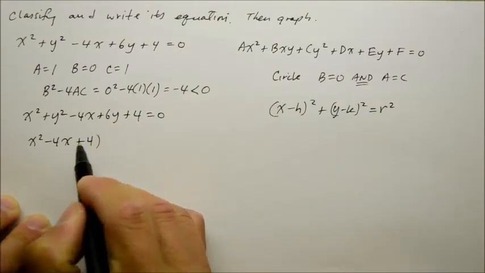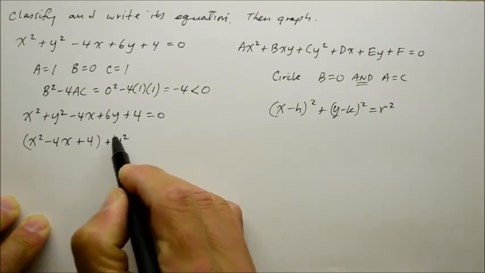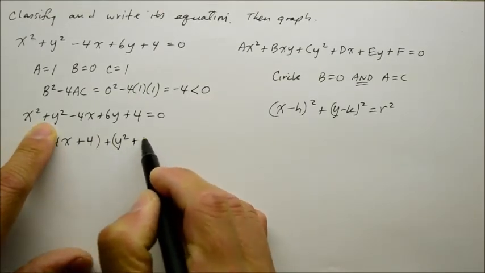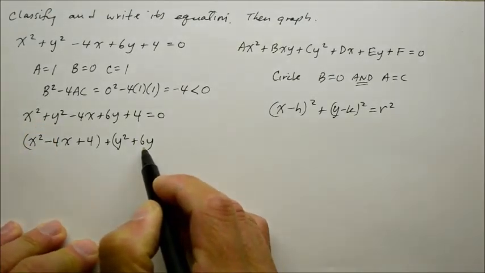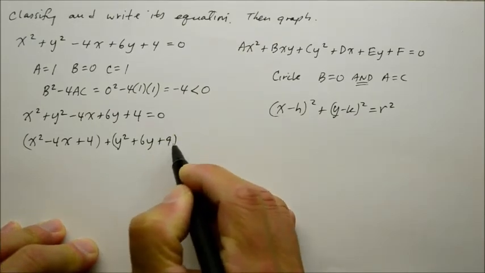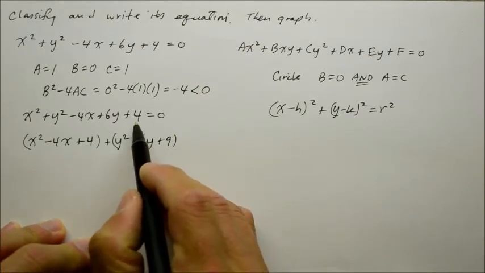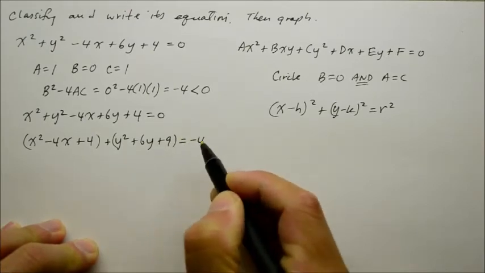Now the y terms: plus the y squared plus 6y. What's half of the 6? It's 3. And 3 squared is 9. And at the same time, let's move that 4 over to the other side so we could complete the square. So negative 4.